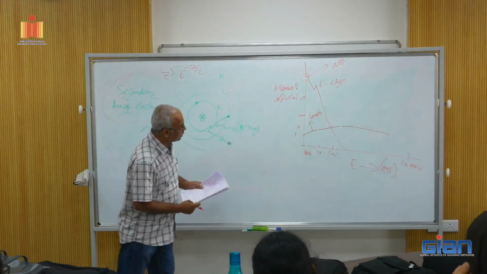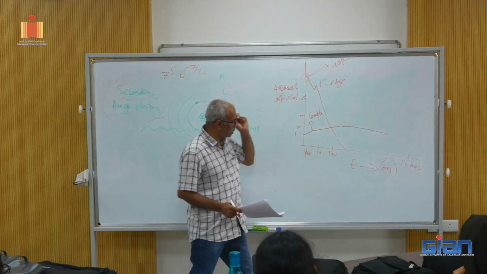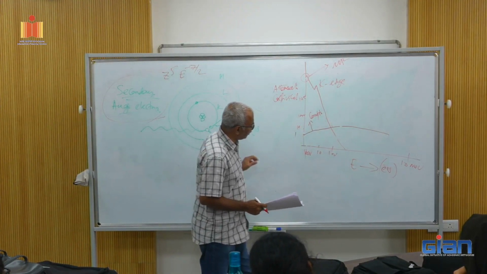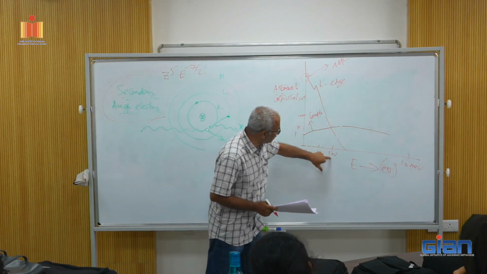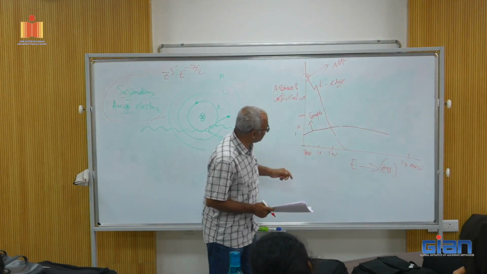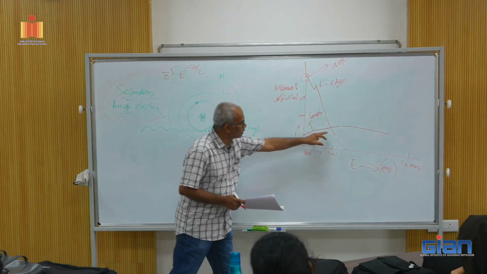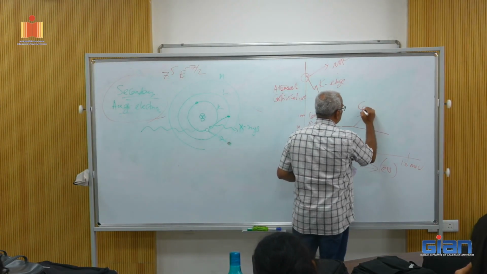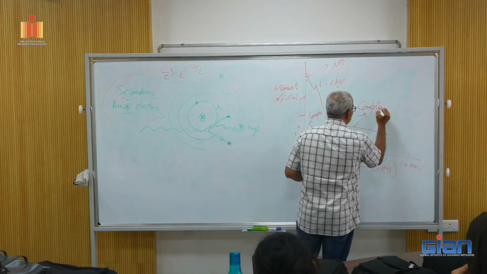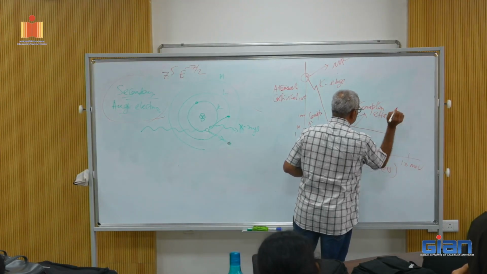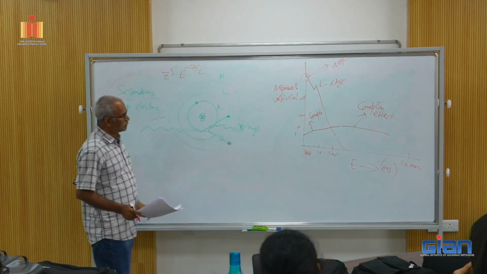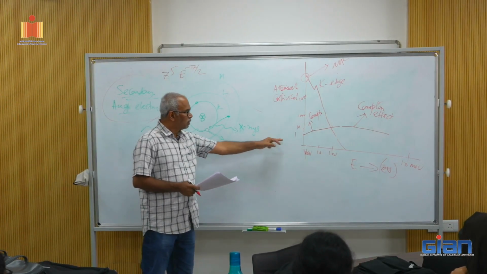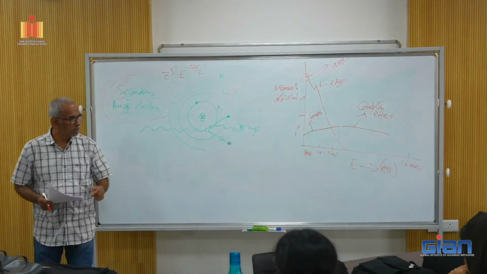If the energy of the photon is more than say a few keV, let's say this is in keV, maybe around 100 or so, and more than that, then it will be dominated by the Compton effect. We'll see more on the Compton effect, but maybe here I will stop.